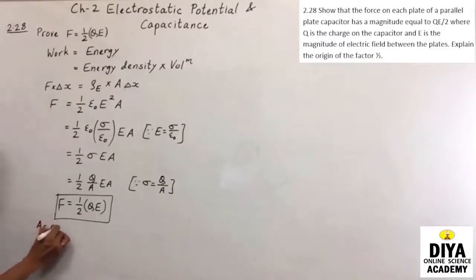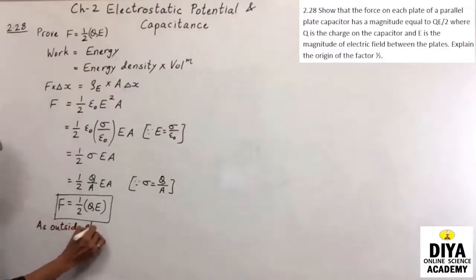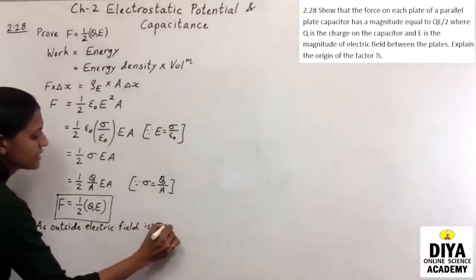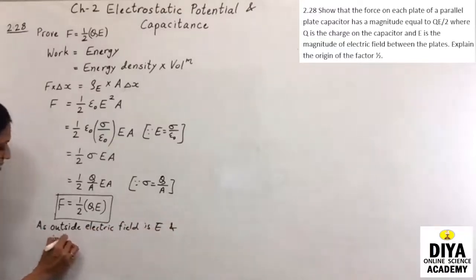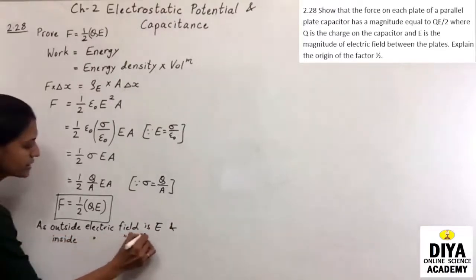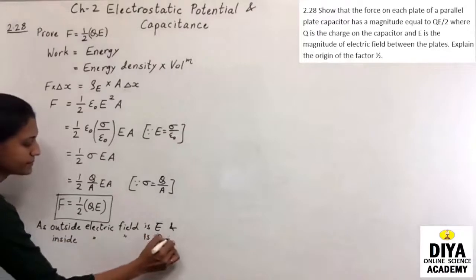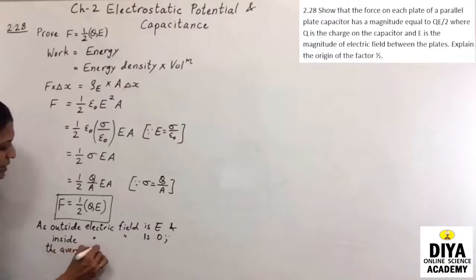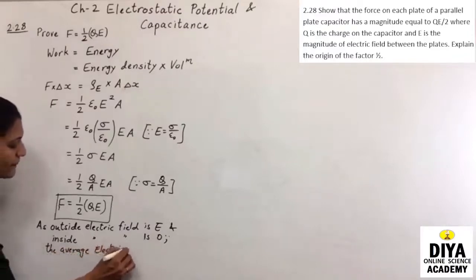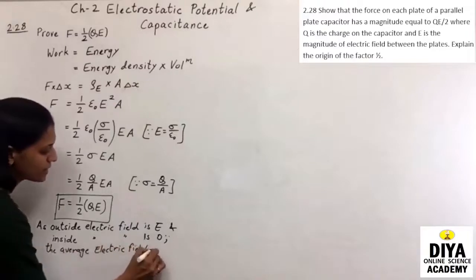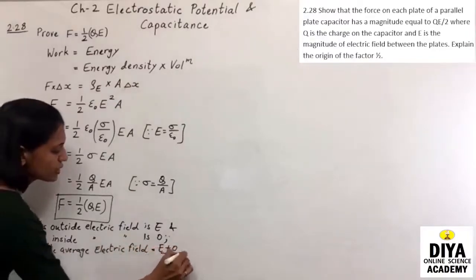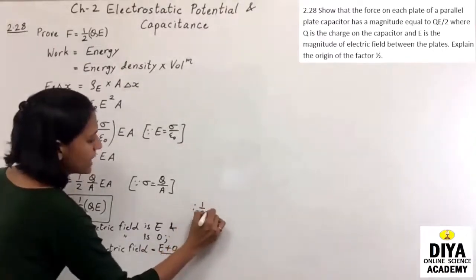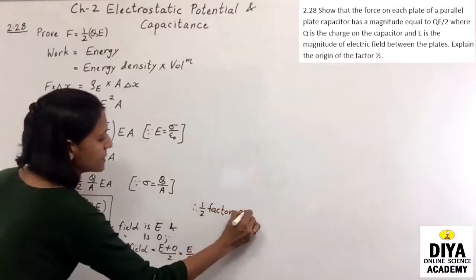As outside electric field is E and inside electric field is 0, the average electric field equals to E plus 0 by 2 equals to E by 2. Therefore 1 by 2 factor appears.